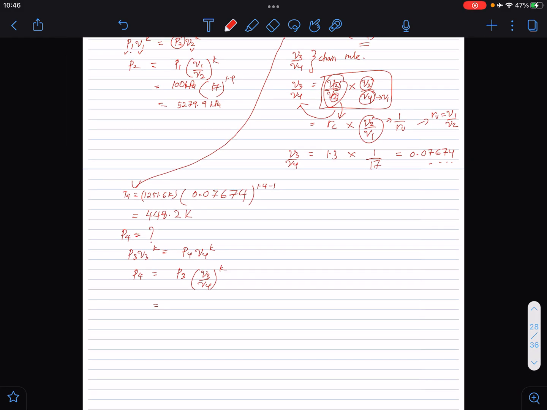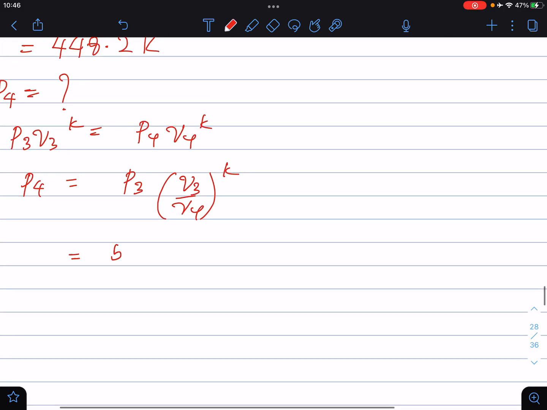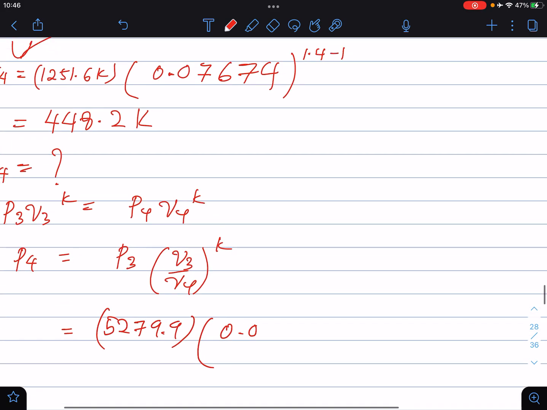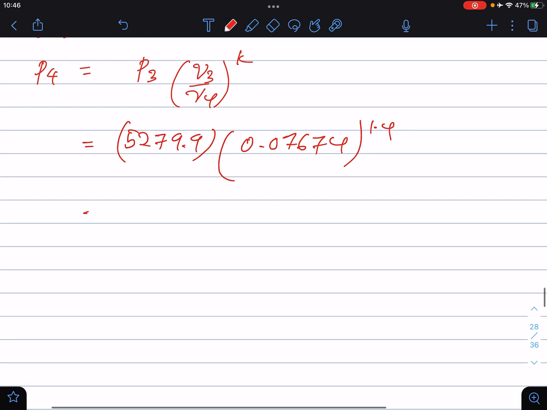Your P3 is the 5279.9, which is similar with P2, 0.07674 to the power of 1.4.